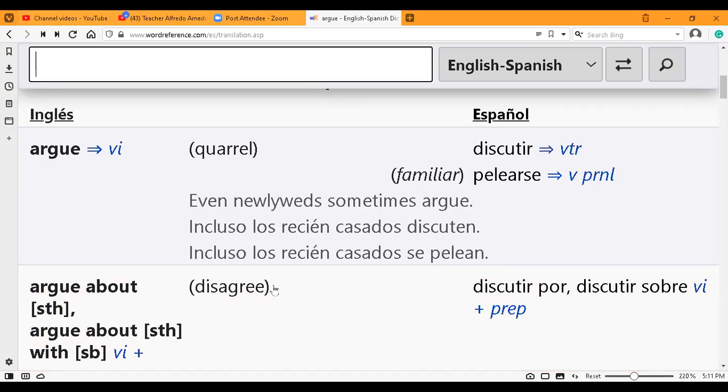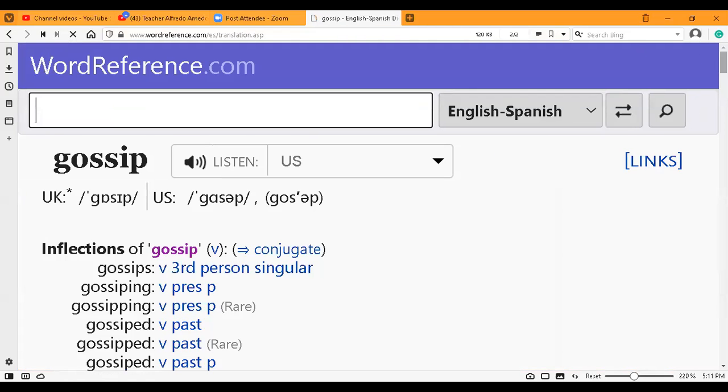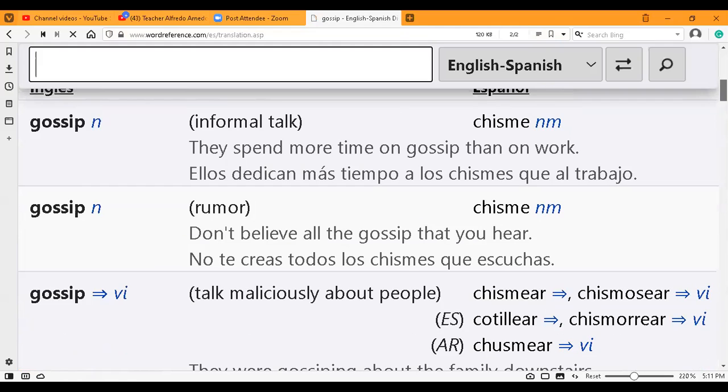Y la otra casi se me escapa, gossip. Gossip, que es la que estamos como sustantivo. Me están diciendo que gossip as a noun has more than one meaning. Okay, remember that gossip as a noun is chisme.